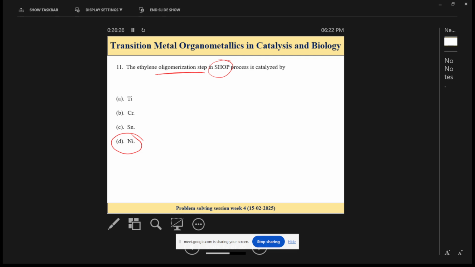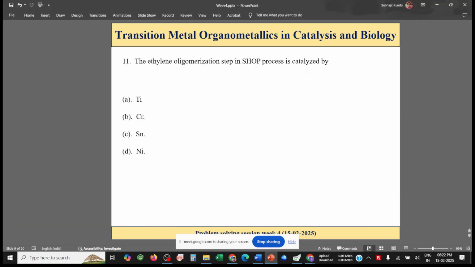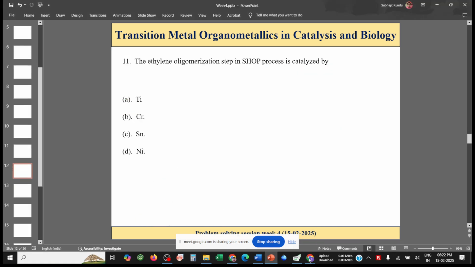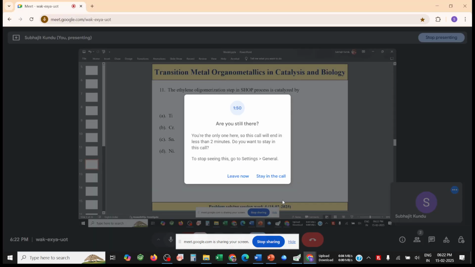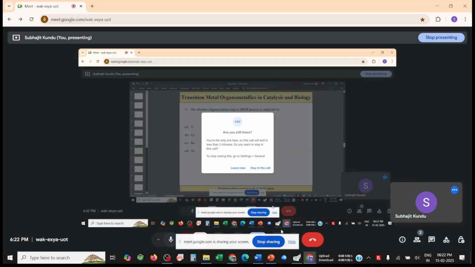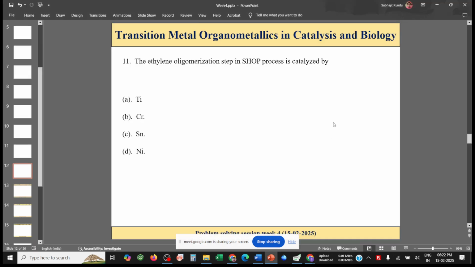So in the Reppe chemistry we have seen the industrial handling of acetylene. Also in the metathesis reaction we have seen the application in different processes.